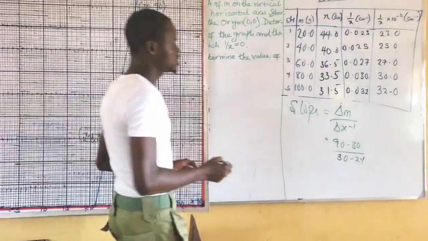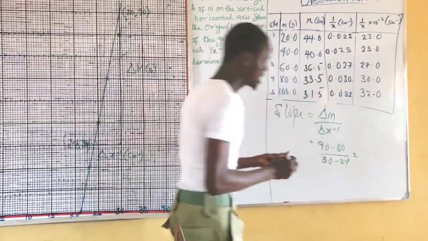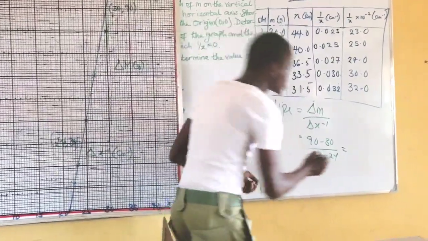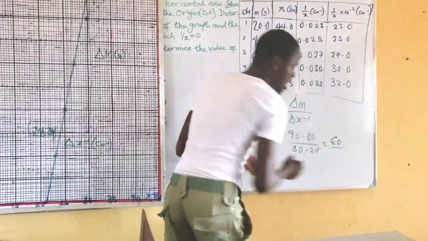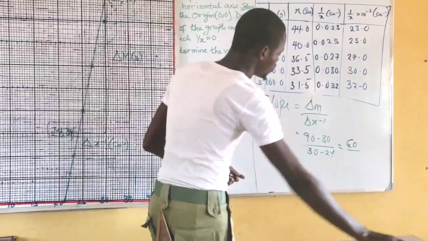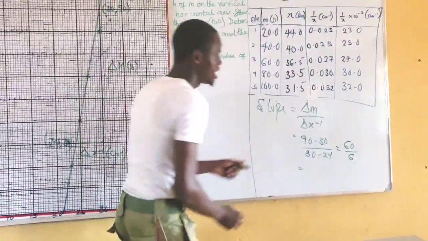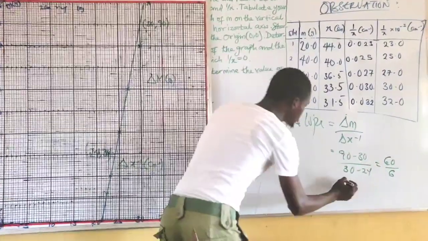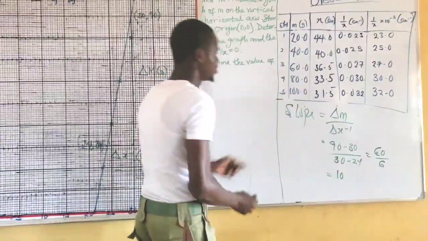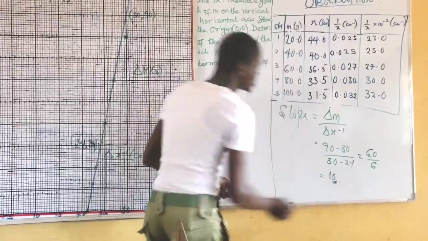Now, 90 minus 30 gives rise to 60, and 30 minus 24 gives rise to 6. If I calculate this together, I have 60 divided by 6, which gives 10. Now, my value is equal to 10.